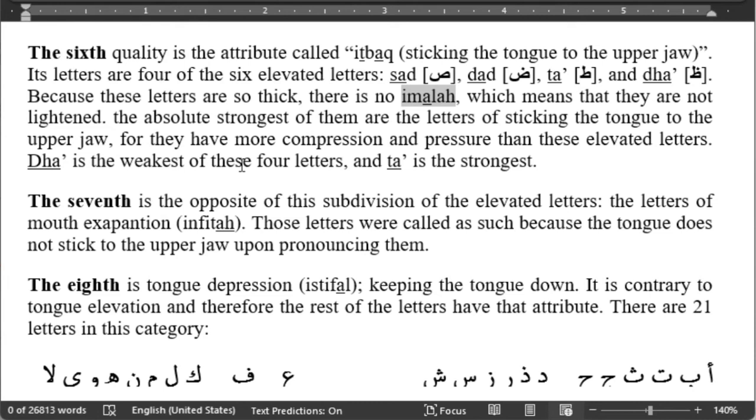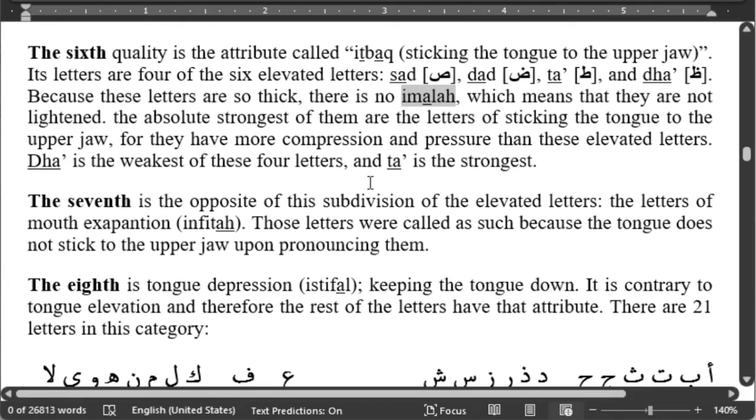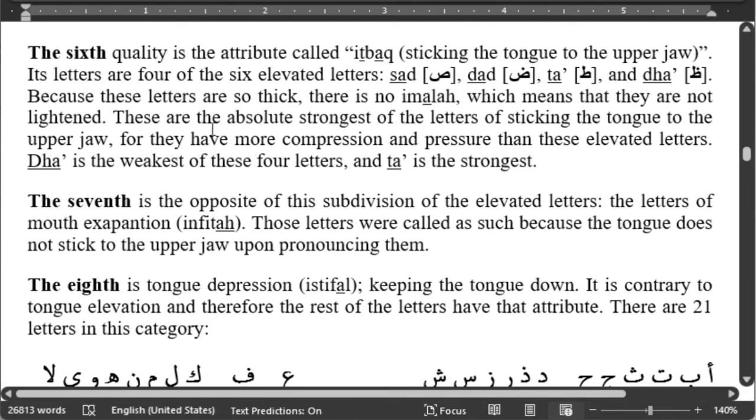And there's varying degrees of that. There's not just one type of imala. And you need a teacher to sit with and practice that so you can perfect your imala. But this book of ours doesn't have much information about imala. These are the absolute strongest of the letters of sticking the tongue to the upper jaw.